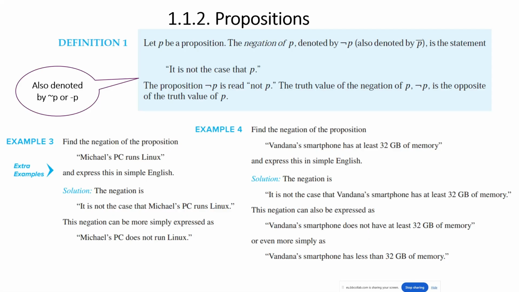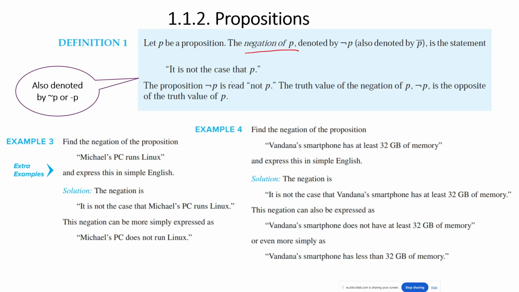The first operator that we're going to see: if P is a proposition, then the negation of P is written as minus P, sometimes also as a minus P, or as tilde P. All of these mean the same thing. It means the negation of P.